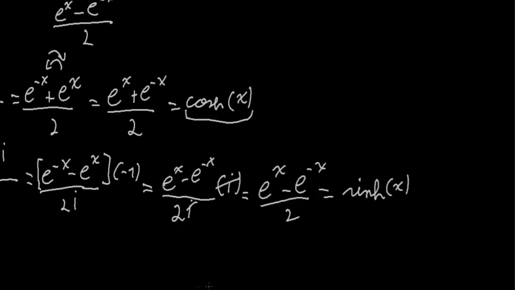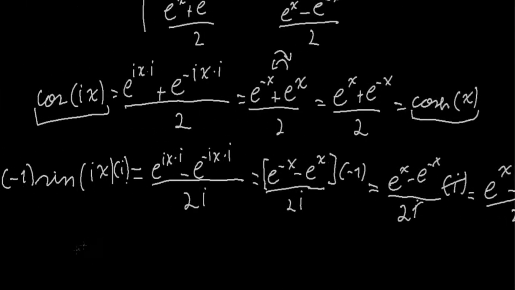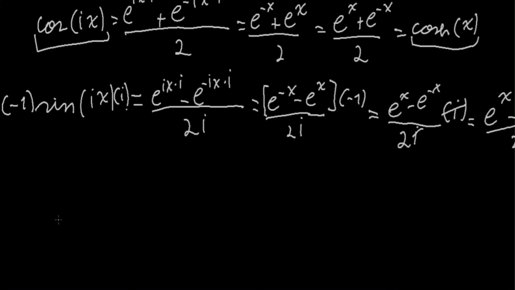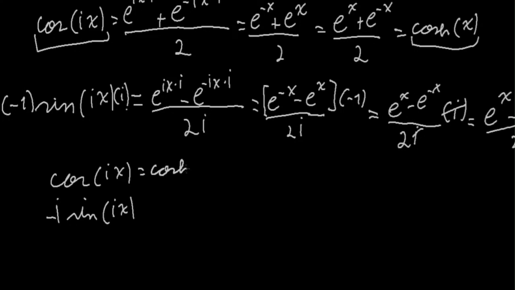But since we can visualize it all in one go, I'm going to rewrite it down here. We saw up there that cosine of ix and negative i sine of ix: this is the hyperbolic cosine of x, and this is the hyperbolic sine of x.